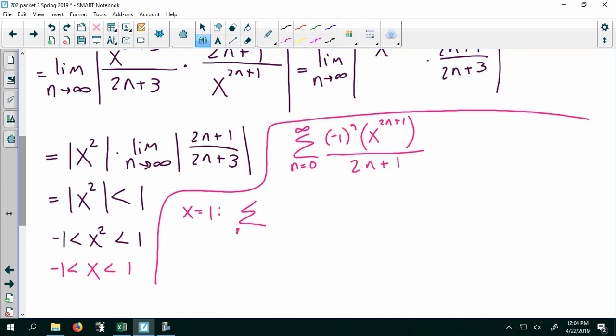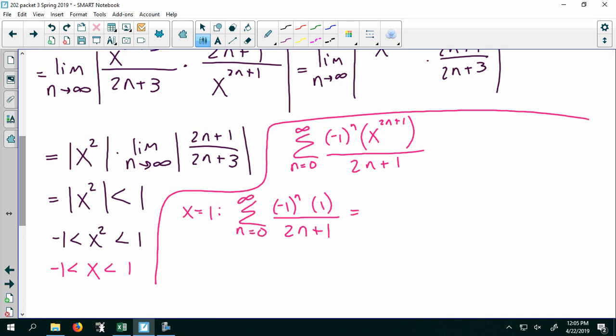So this is the sum from n equals 0 to infinity of (-1)^n times 1 to the 2n+1, and 1 to any power is just 1, over 2n+1.